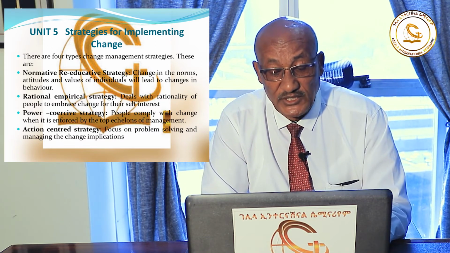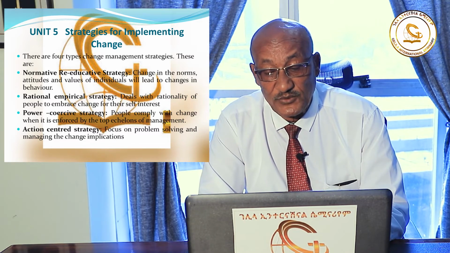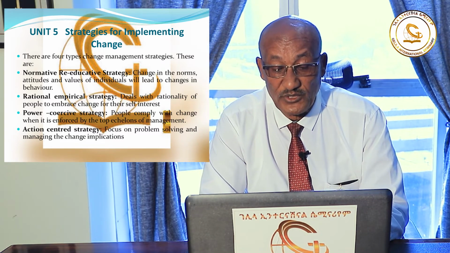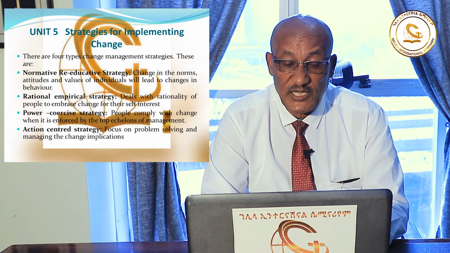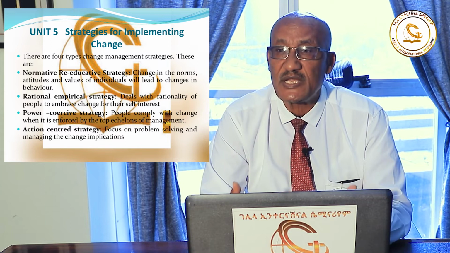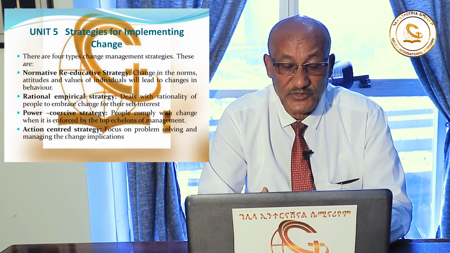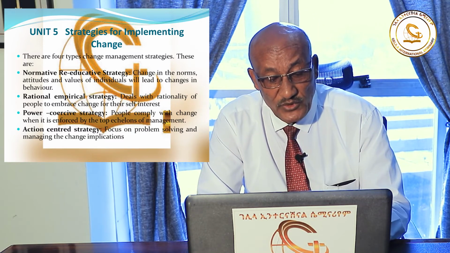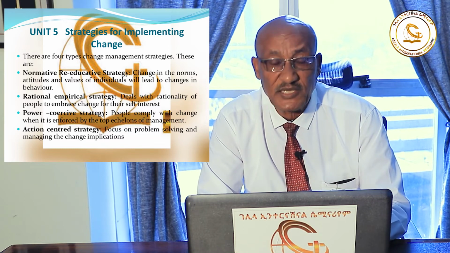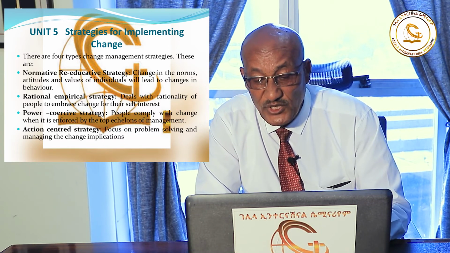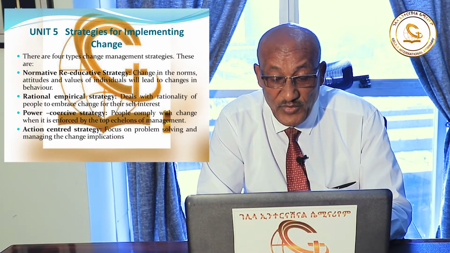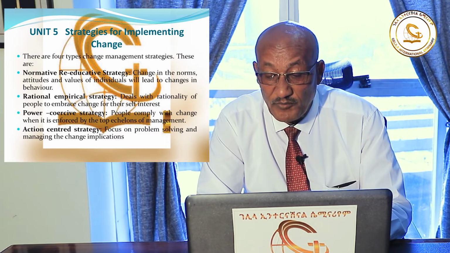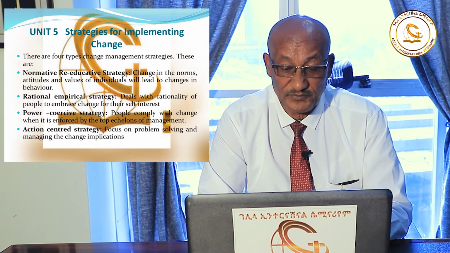Second point is the rational strategy. This deals with the rationality of the people to embrace change for their self-interest. That means giving justification, reasoning out for the observed change. The other point is the power coercive strategy. This one is where people comply with change when it is enforced by the top echelon of management.